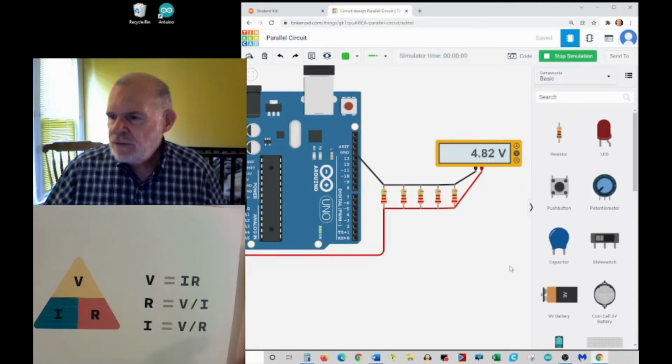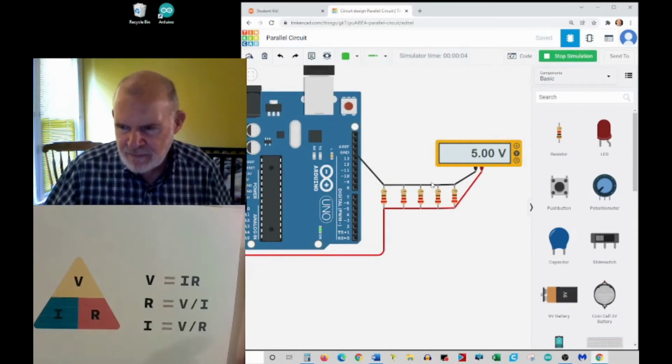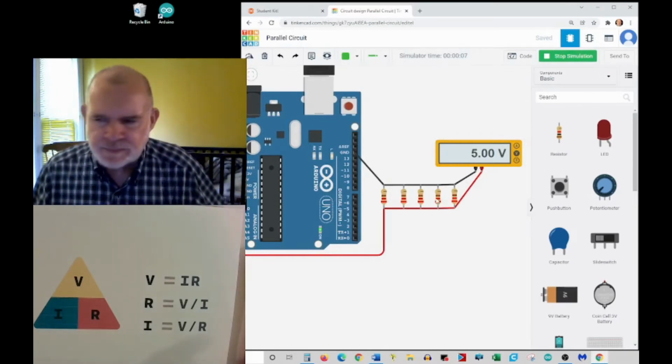So if I start this simulation, they all have 5 volts. Every one of them has a 5 volt drop from one end to the other.